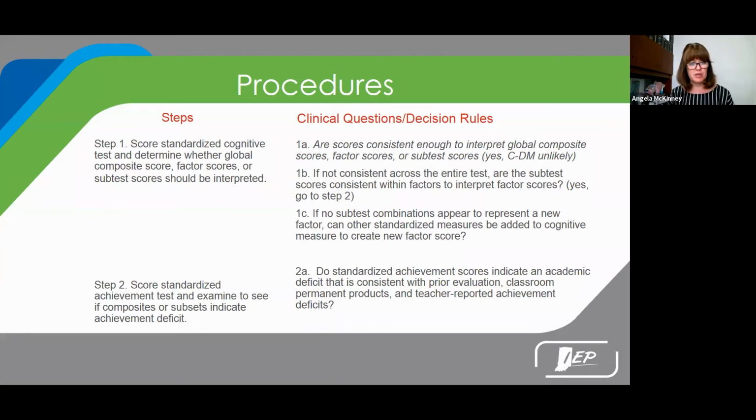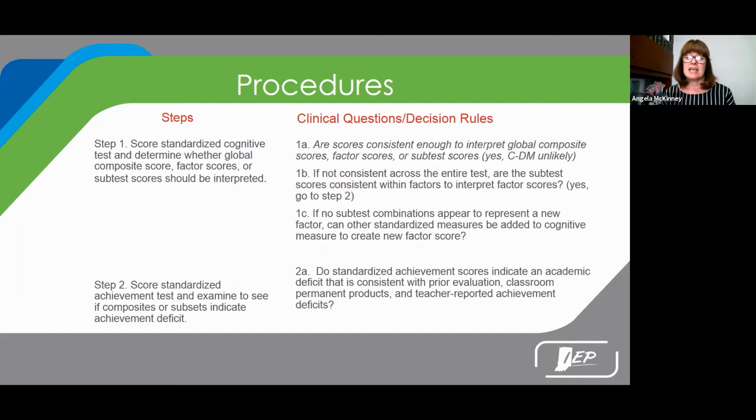All right, so here are a bunch of steps, right? You got to score everything up. You got to look at your cognitive score and figure out, is it good, right? Which we do anyway. Anytime that we give an IQ test, we kind of look at it and think, is the overall what we're looking at? Are the subtest scores okay? What do we have to do as far as interpretation of the cognitive?